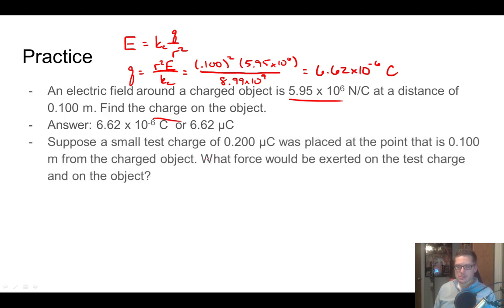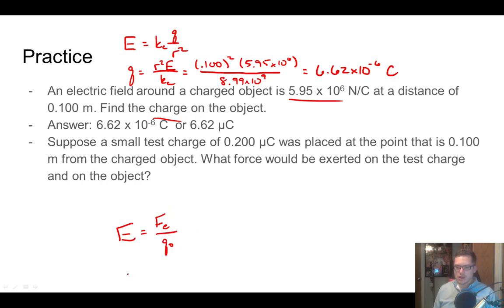Now it says, suppose a small test charge of 0.2 microcoulombs was placed at the point that is 0.1 meters from the charged object. What force would be exerted on the test charge and on the object? Well, we can use our other formula for E. E is equal to Fe over Q naught. So all we have to do is solve for the force.